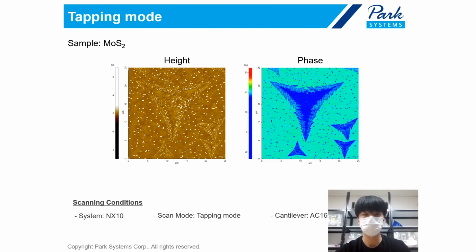This sample is the height and phase image of MoS2, measured with tapping mode. As you can see in the phase image, it makes a beautiful contrast between MoS2 grains and the substrate. Like this, in tapping mode, we can get relative mechanical properties of the sample as well as the height image.